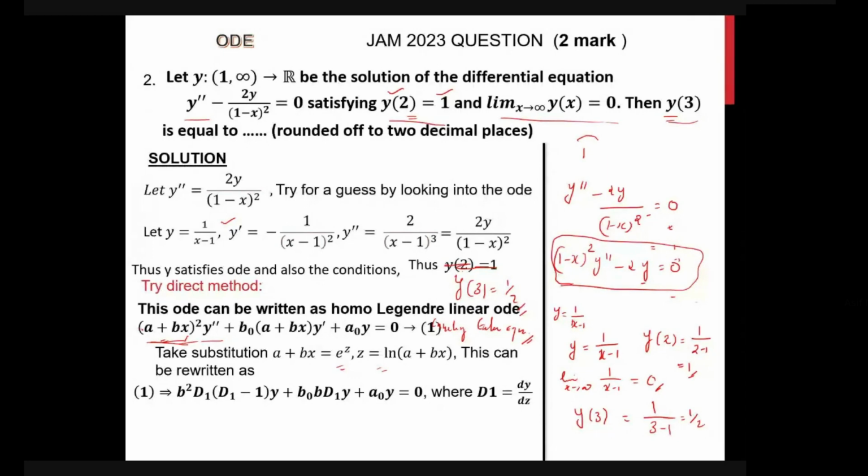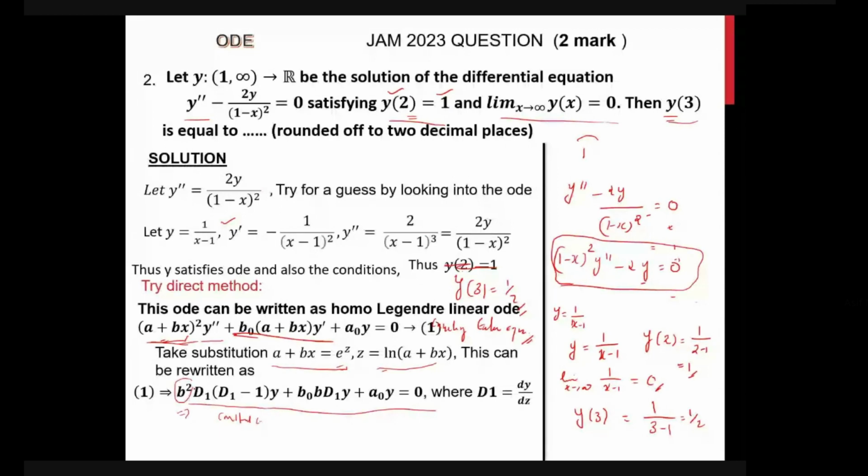So this is a homogeneous ODE. This can be rewritten in this format. That means we are substituting a plus bx equal to e raised to z, and z equal to log (a plus bx). Then this equation can be rewritten as an ODE with constant coefficients.